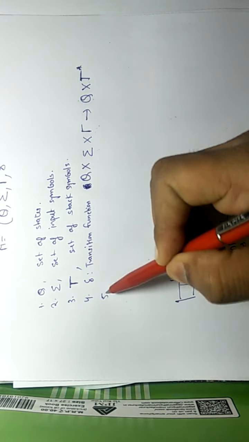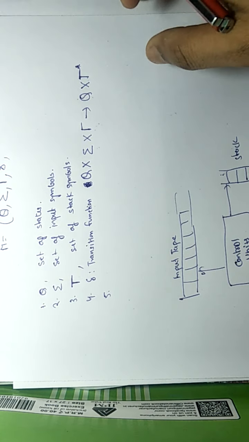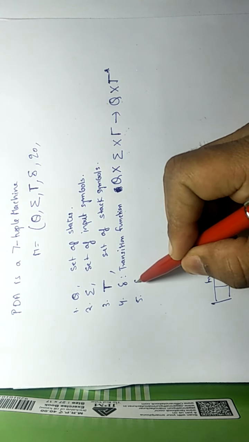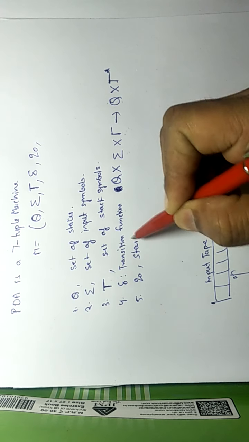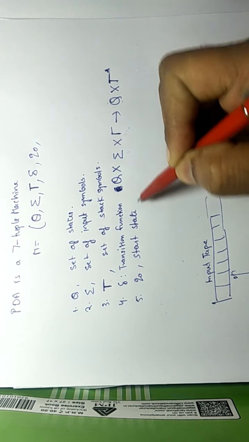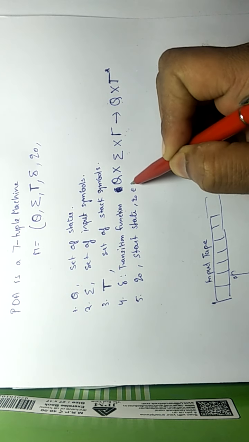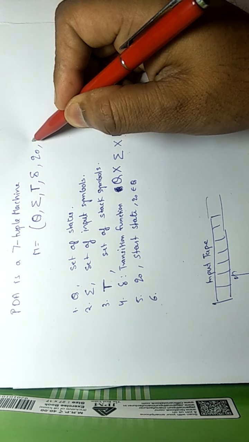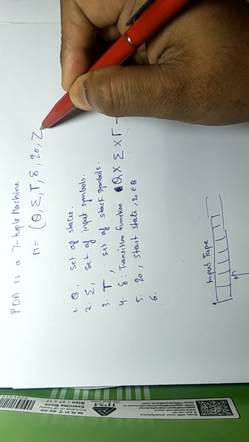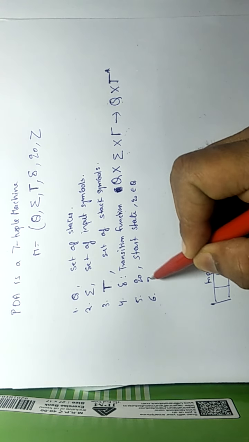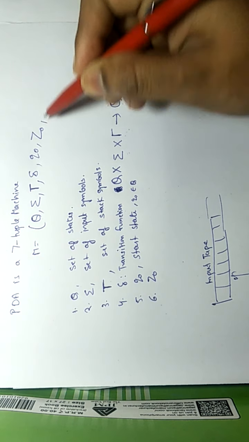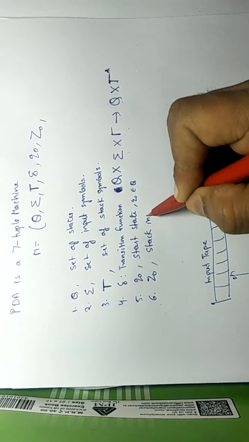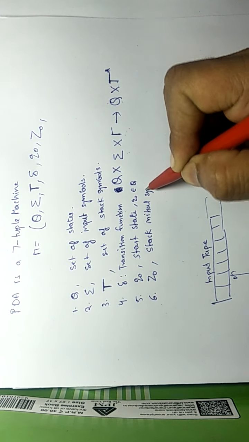Fifth one is, as you already know, there is always a start state, where q0 belongs to the set Q. Sixth one is Z. In some books it is written as Z0. Suppose I write it as Z0, and Z0 represents the stack initial symbol.